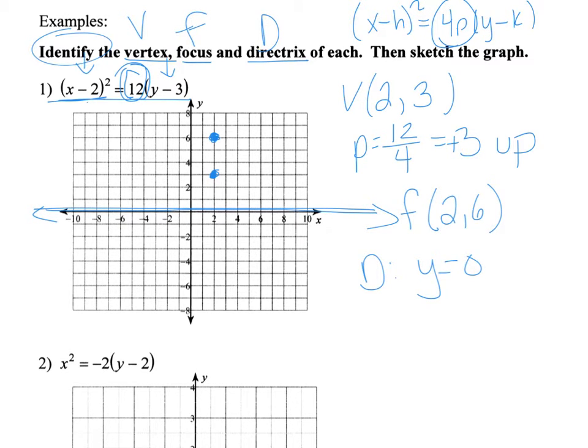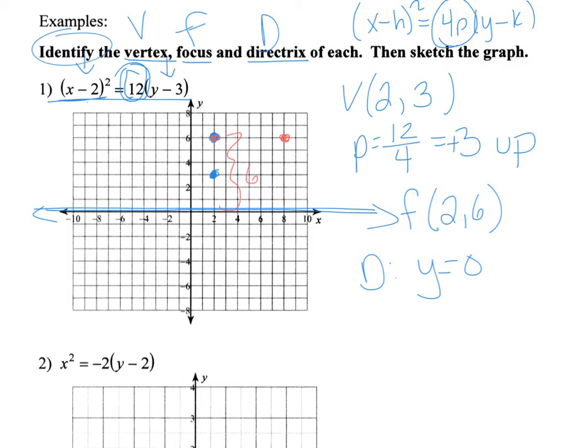All right, now to graph this guy, it will be easier if we have 2 extra points. And the easiest way to get 2 extra points is figure out this distance right here. This distance is 6. So from the focus to the directrix is 6. So if I take 6 and I count out 1, 2, 3, 4, 5, 6, that's a point right there on the parabola.